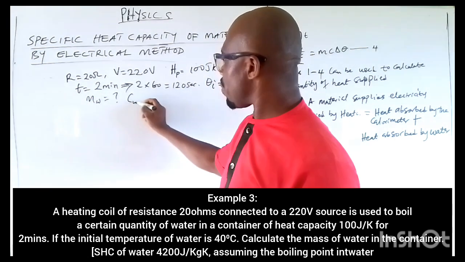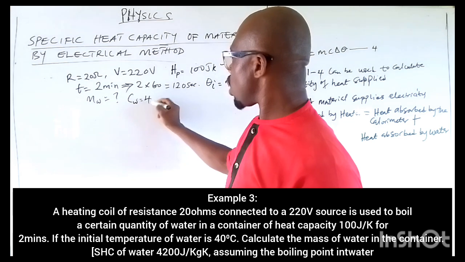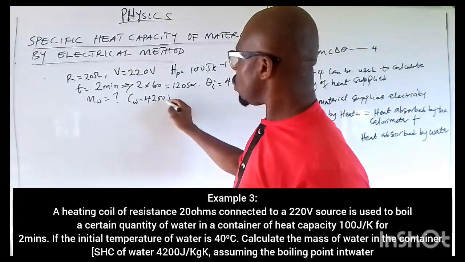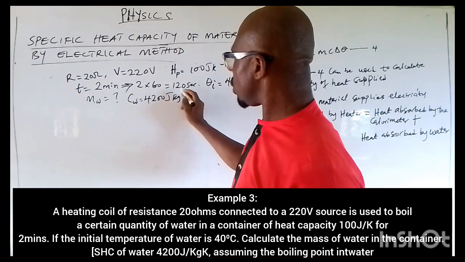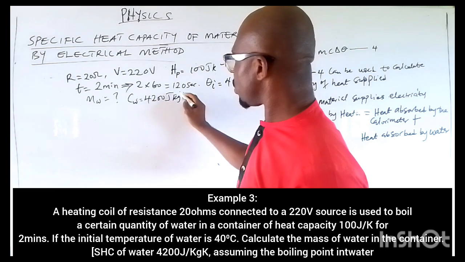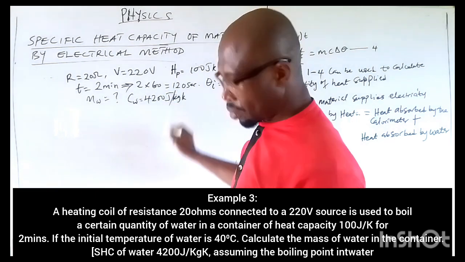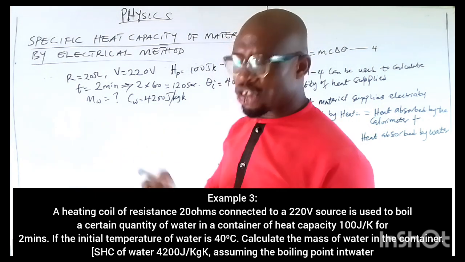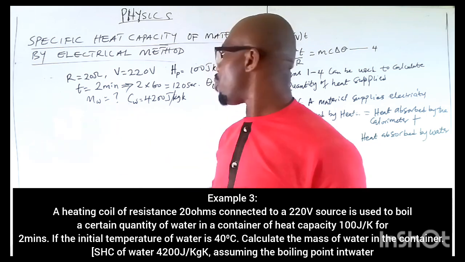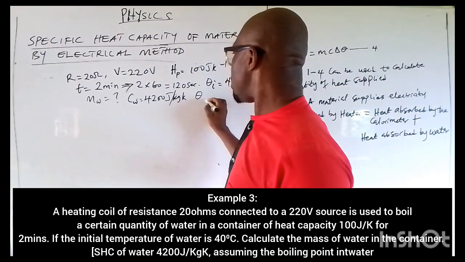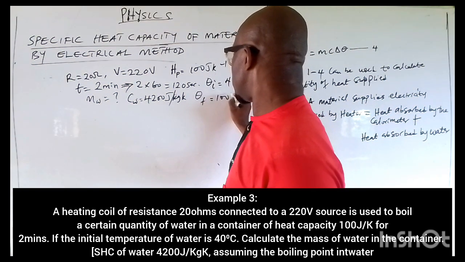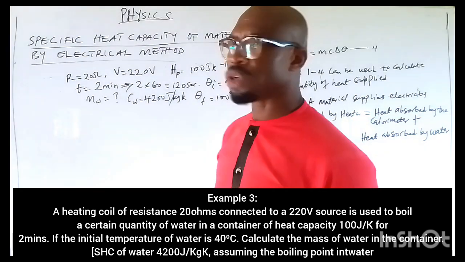Now, specific heat capacity of water is 4,200 joules per kg per Kelvin. Assuming the boiling point, of course, this boiling point is the final temperature. I mean, the final temperature of water is 100 degrees Celsius.